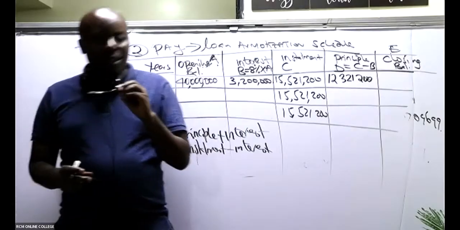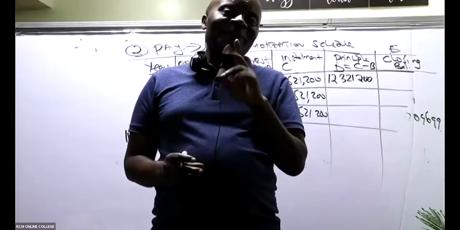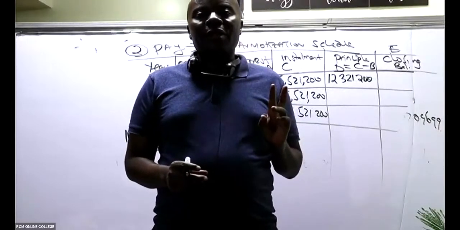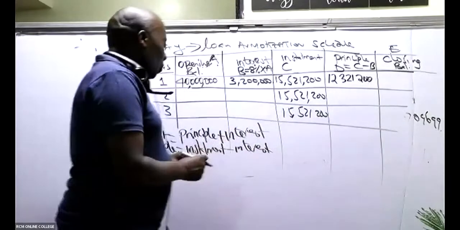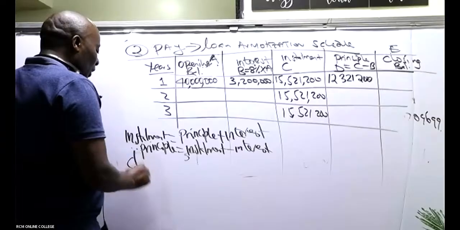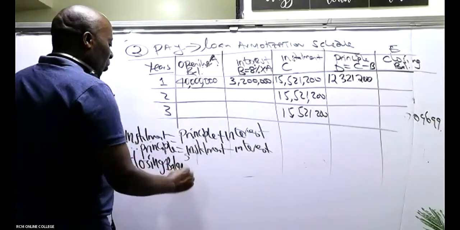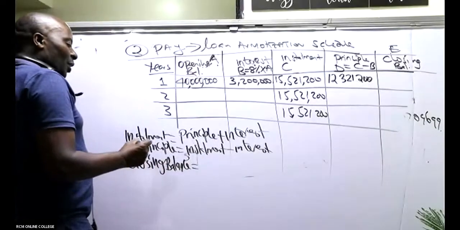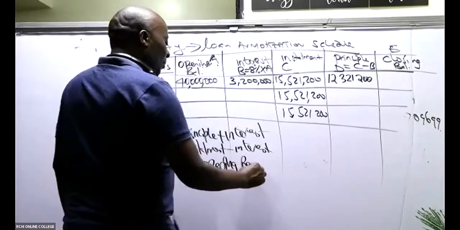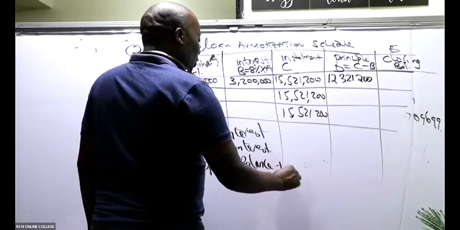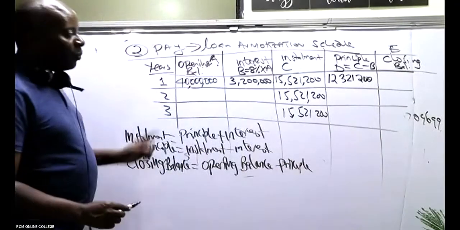Yeah, great. So in this case, remember, your balance can only be reduced by the principal payments, nothing else. So in short, for us to be able to get the closing balance, we shall take the opening balance and subtract the principal.